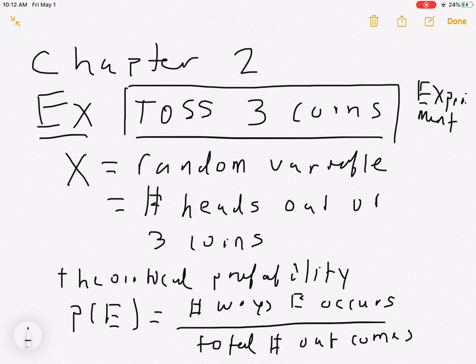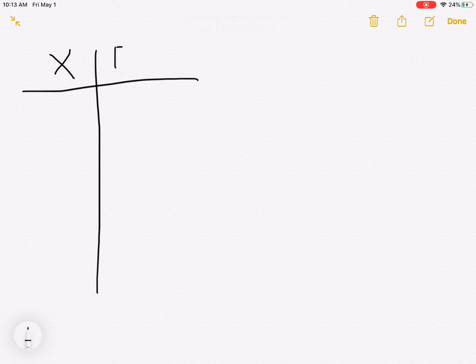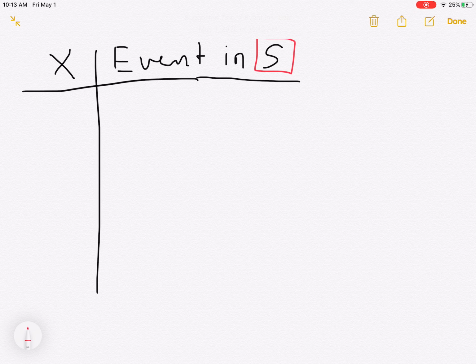Okay, so I'm going to fill out this chart. It's a table for the outcome of X versus the event in the sample space S. Okay, and S here corresponds to sample space.